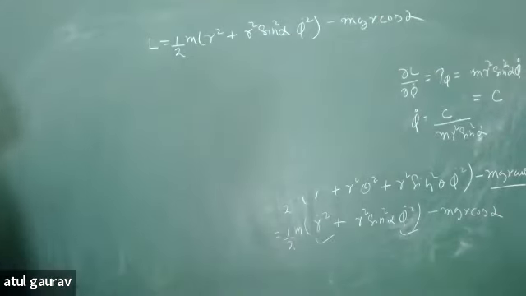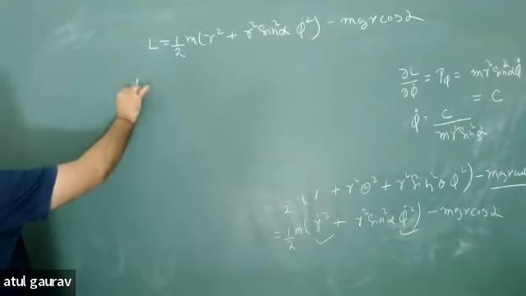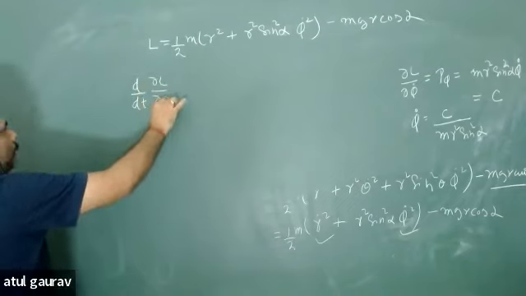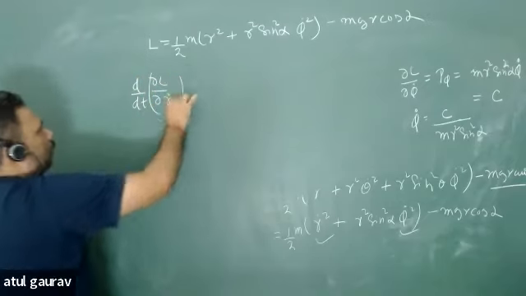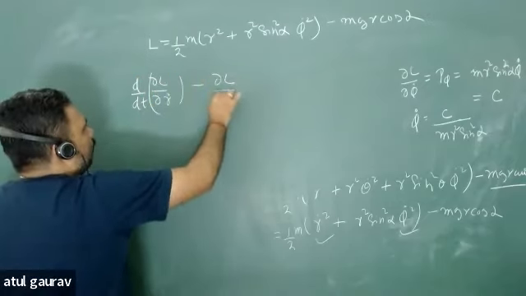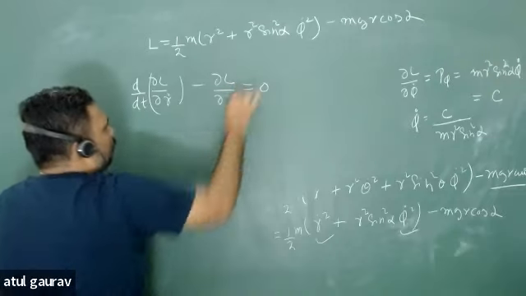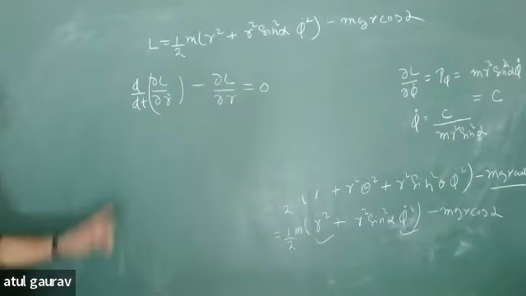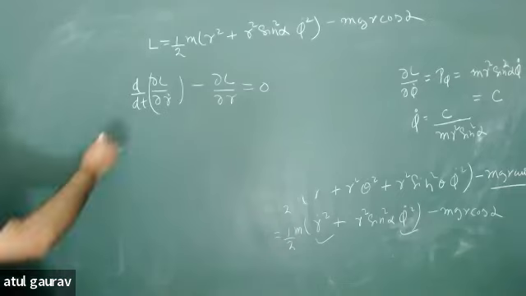Okay, let's try to go for the equation of motion. What is the equation of motion? d upon dt del L upon del r dot minus del L upon del r must be equal to what? 0. ठीक है ये? Okay, so we have to just go for the equation of motion. Just check it.